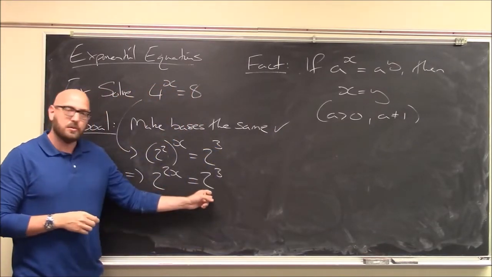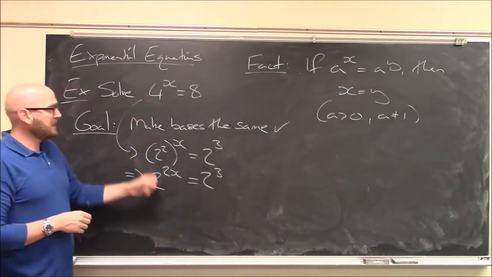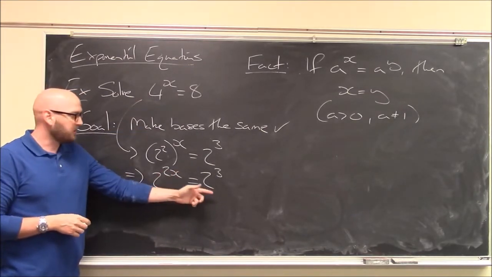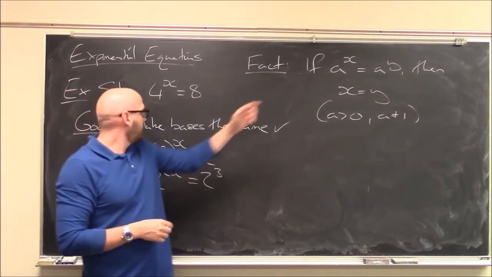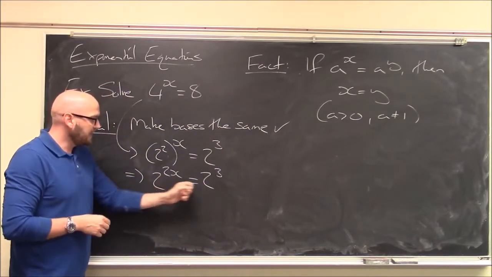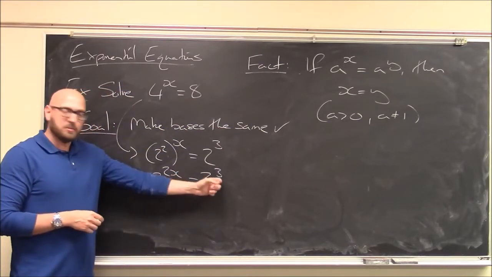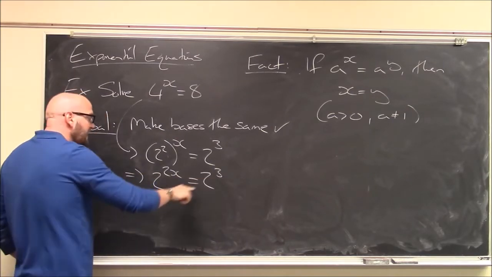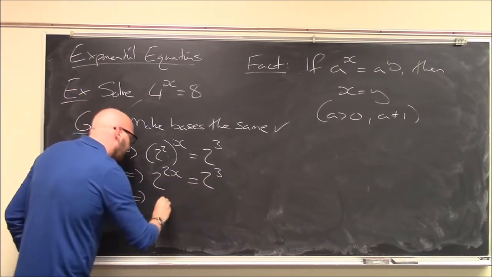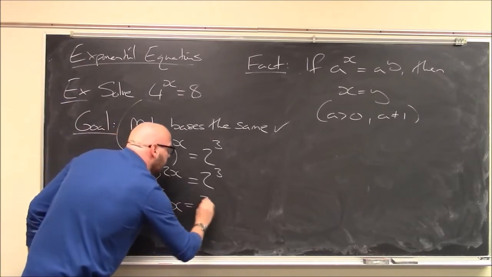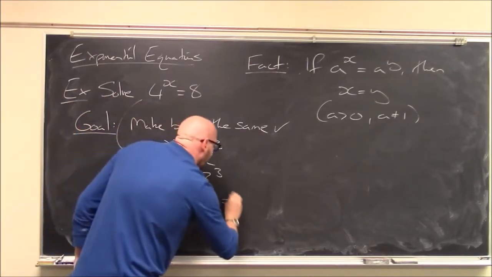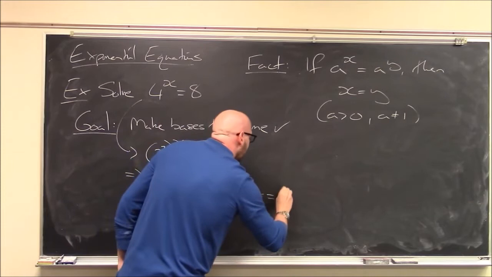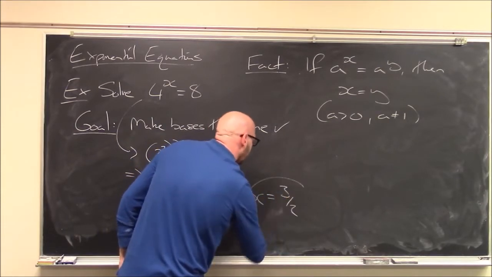Now it's 2 and 2. So same exponential equation, written in a different form, where our bases are the same, and now we can use this fact. If the bases are the same and they equal each other, then the exponents must be the same. So the only way these are the same is if 2x equals 3, and that means x has got to be 3/2.